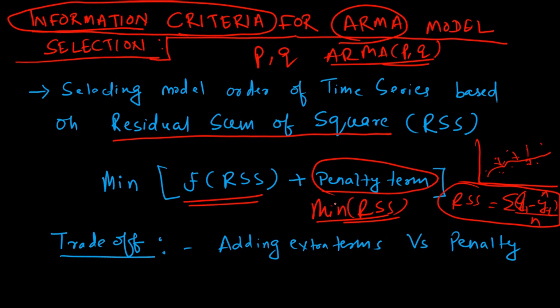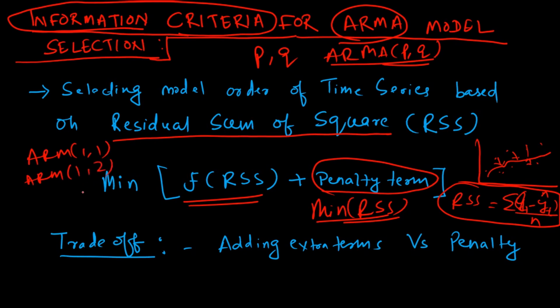We'll see the differences between them. And why is it so? What's the logic behind using this as a criterion for selecting the order of the ARMA series? When you add more lags, let's say you are fitting ARMA 11, you can also think of adding one more AR term, let's say ARMA 12.